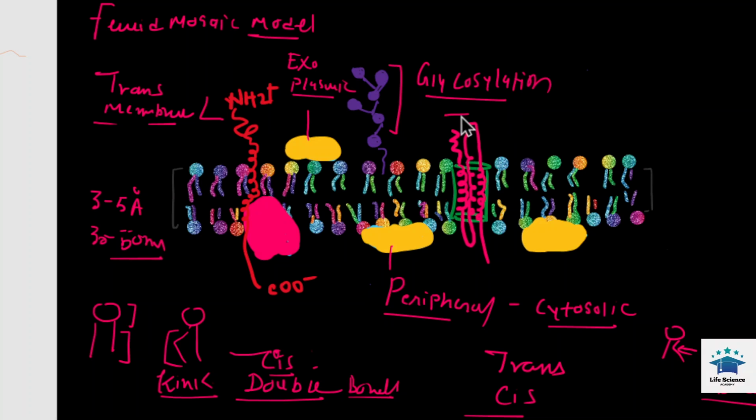This is the multipass transmembrane protein. What is the function of the multipass transmembrane protein? It forms a channel for transporting some polar solutes and nutrients from the surroundings.